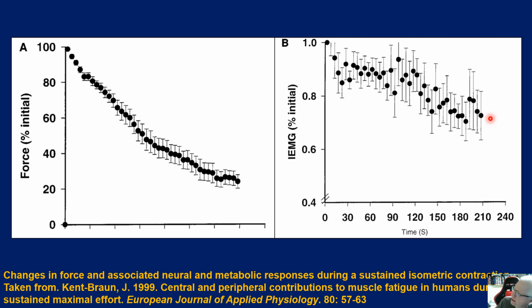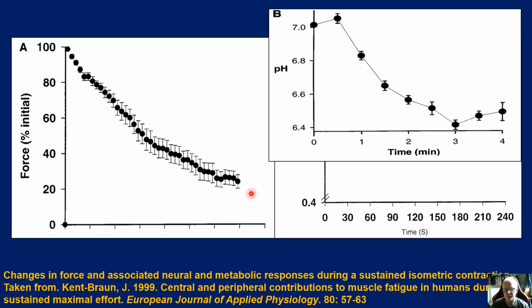So what is going on beyond the neuromuscular junction that is perhaps contributing to this decrease, in combination with the decreases in PCR concentration and increases in free phosphate concentration, leading to the decrease in force output? Well, the contributing factor is almost certainly to do with pH.